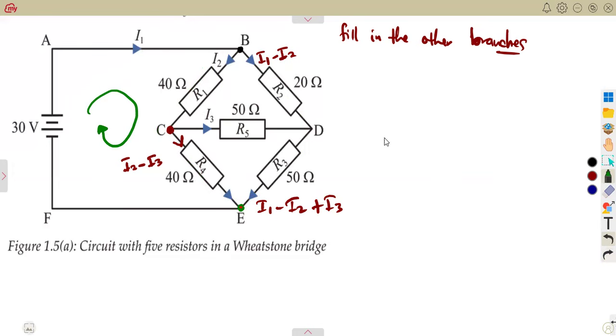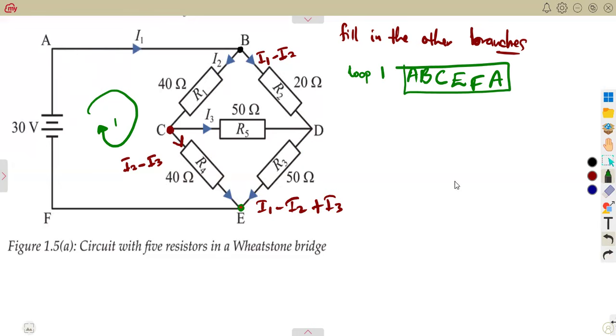Taking this as loop 1, it goes from A to the point B, back to C, to E, then from E to F, then back to the point A. This is the loop that we are talking about in terms of the given letters.